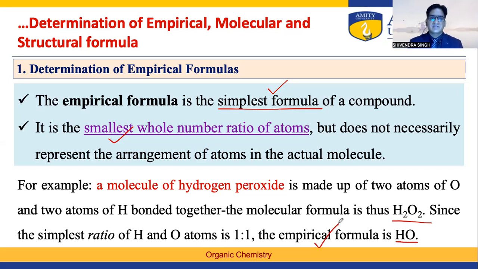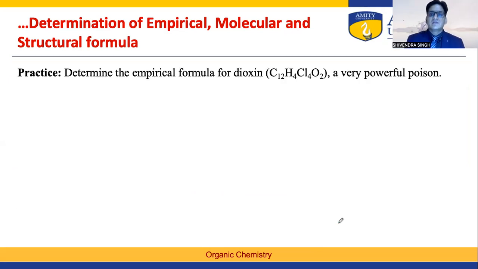So this is how we can understand it. Just for practice, I have added this question: if we have the molecule C12H4Cl4O2, this is the formula of dioxin, which is a very powerful poison. To find its empirical formula, we have to figure out the smallest stoichiometric amount of atoms present, and here it is 2.